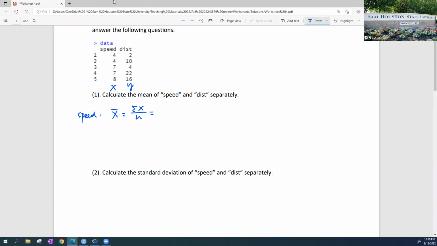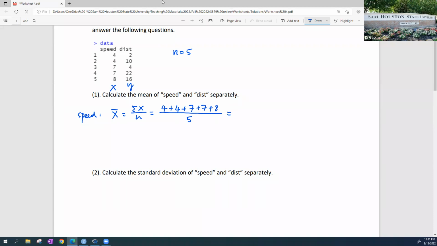So I'll have to look at the column. The data for speed, we have 4 plus 4 plus 7 plus 7 plus 8, which is sum of x, and over n, 5, right? We know n equals 5.